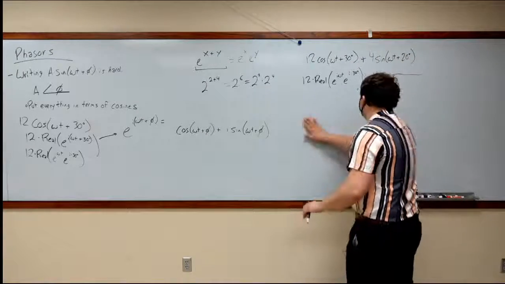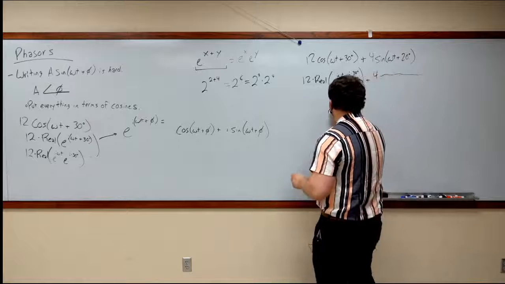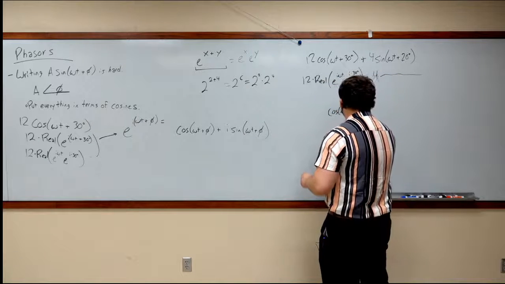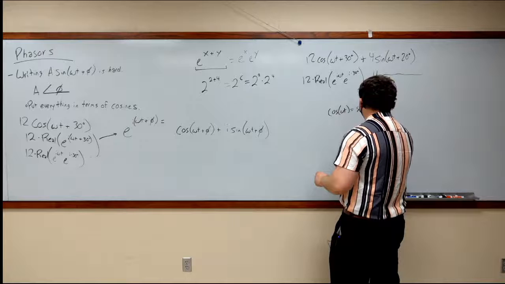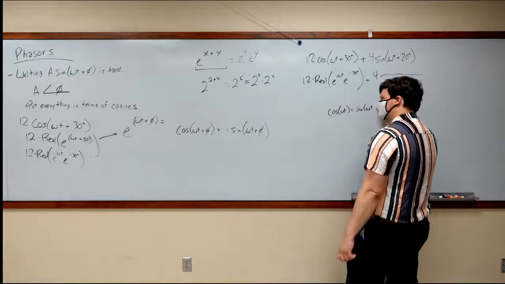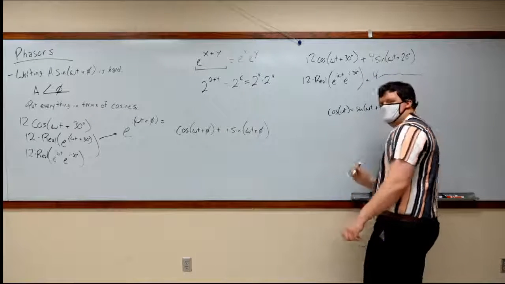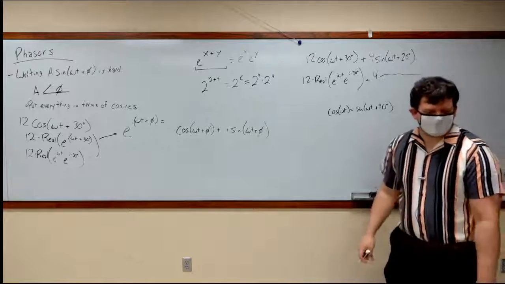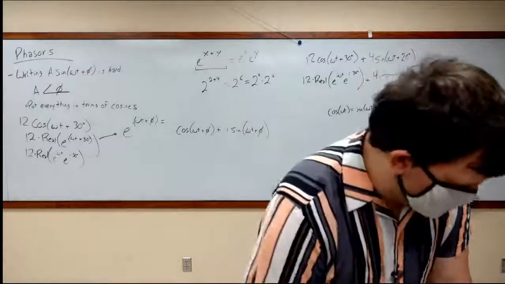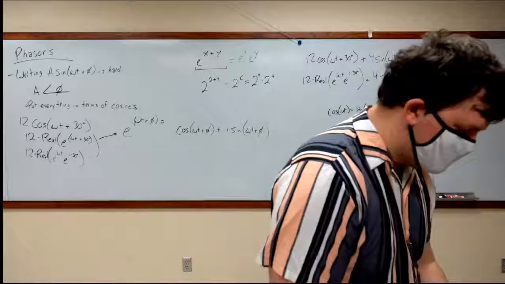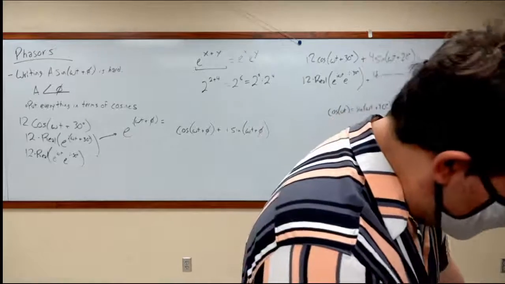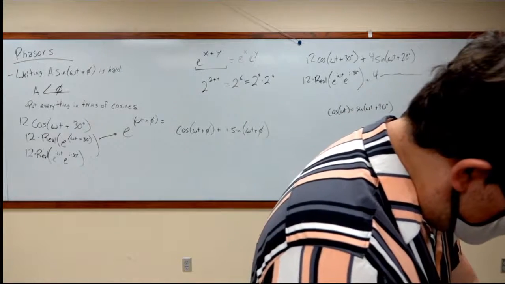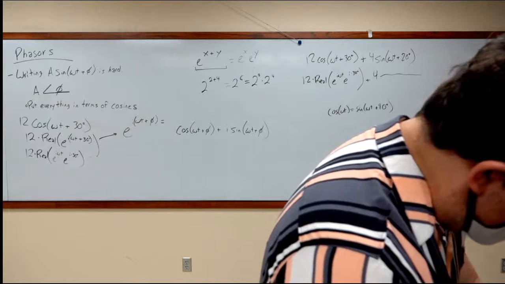I wrote it backwards, didn't I? Yep. Cosine omega t is equal to sine omega t plus 90 degrees. That's minus? Yeah, the way that you gave it to us. I gave it to you backwards? Dang it.